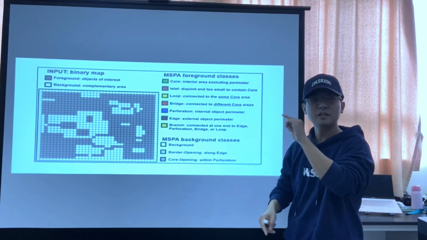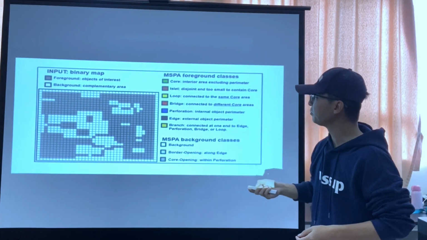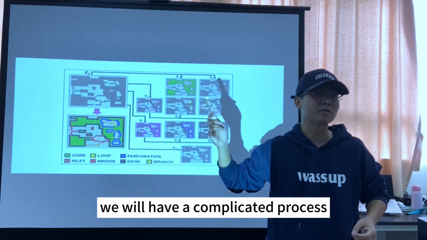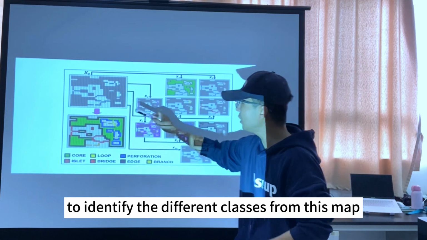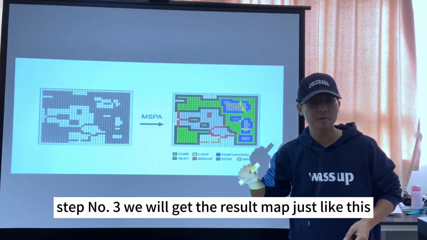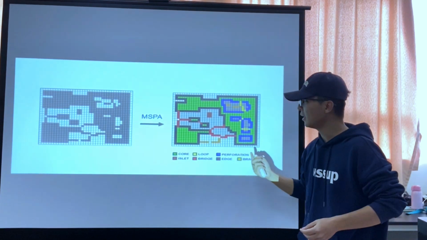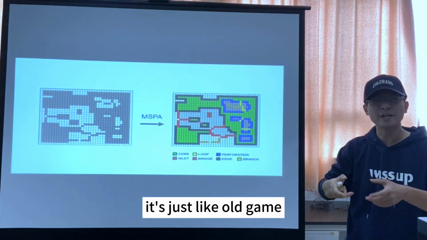This is step number 1. Step number 2, we run a complicated process to identify the different classes from this map. Step number 3, we get the result map, just like this. It's very easy. It's just like an old game.